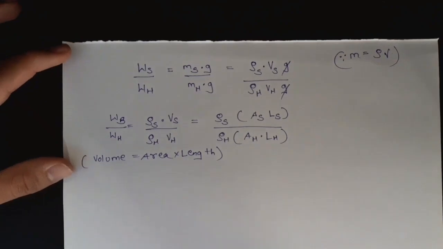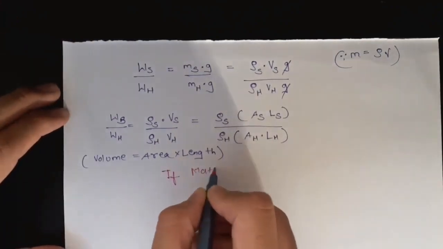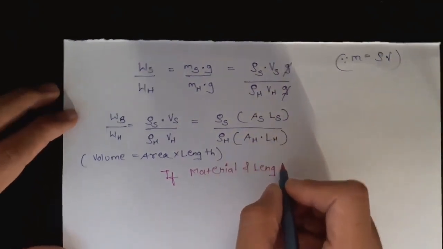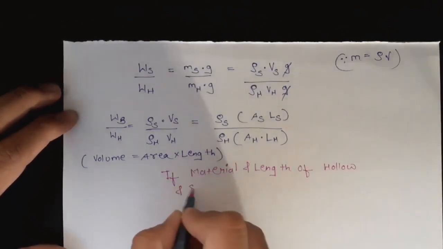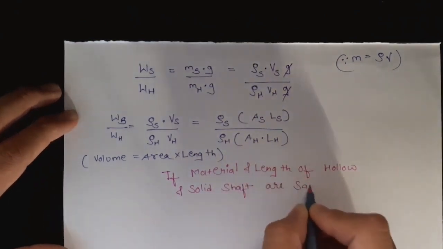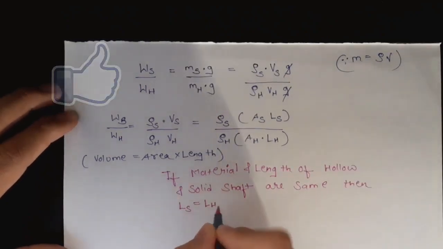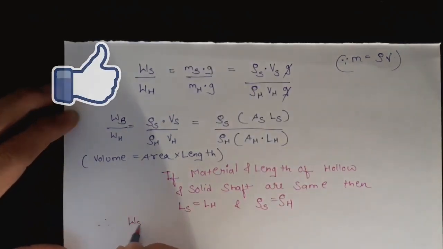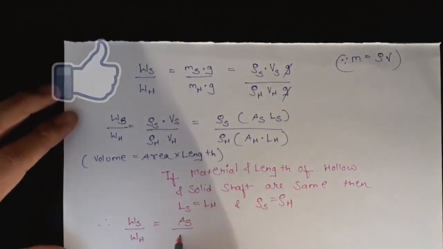If the material and length of hollow and solid shaft are the same, then Ls equals Lh and rho s equals rho h. Therefore, Ws upon Wh equals As upon Ah.